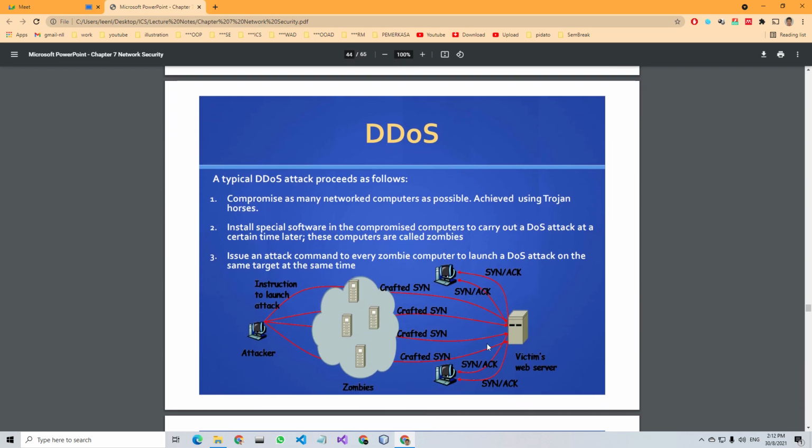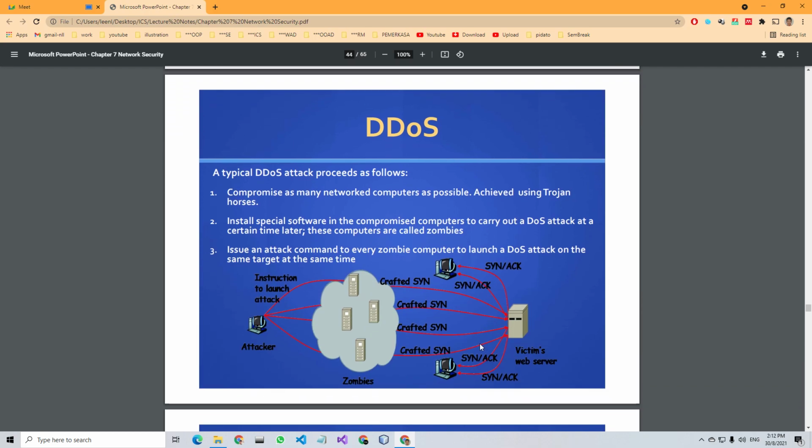A typical distributed denial of service attack is as below. Look at the list here. Compromise as many network computers as possible, usually by a Trojan horse. Install special software in the compromised computers. Carry out the denial of service attack at a certain time.